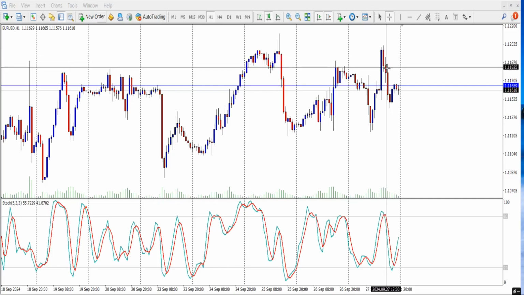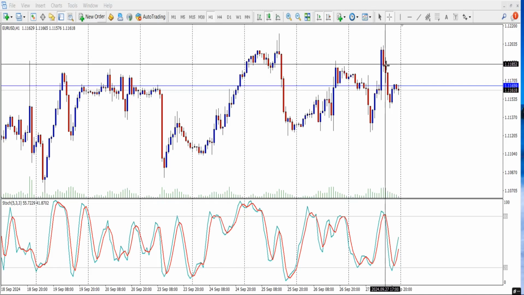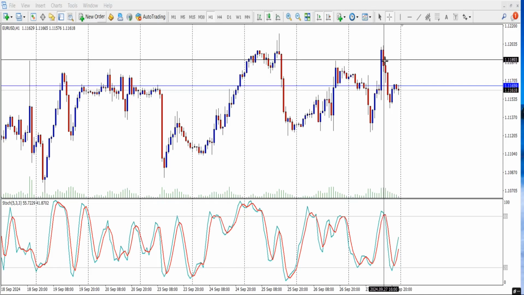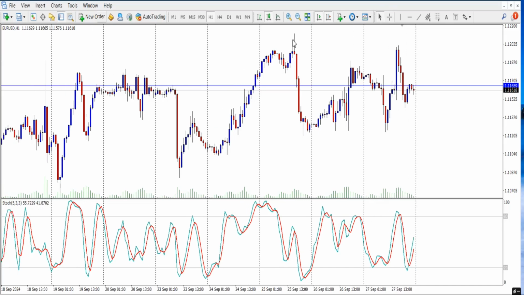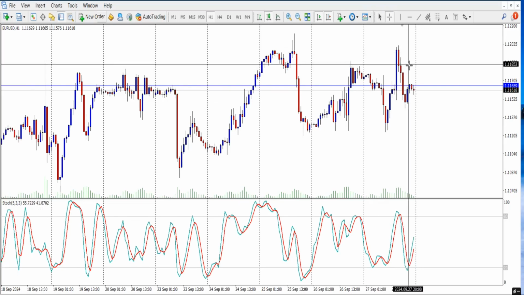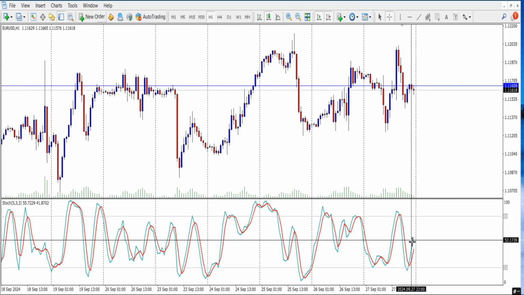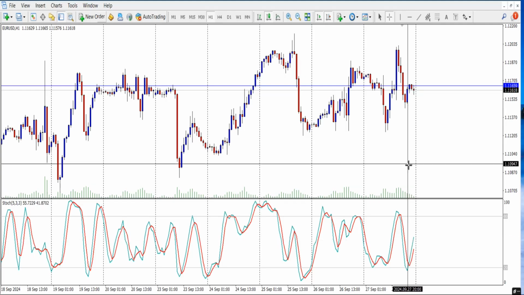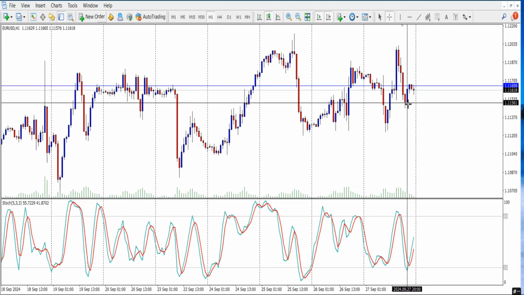So had we entered a sell around here, we would have exited somewhere around here, just after this bullish crossover happened.